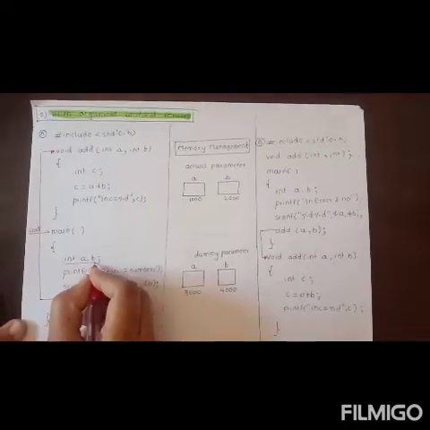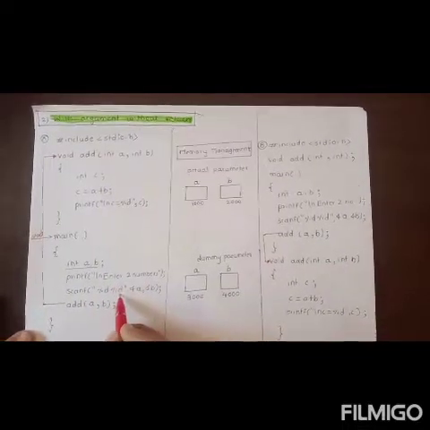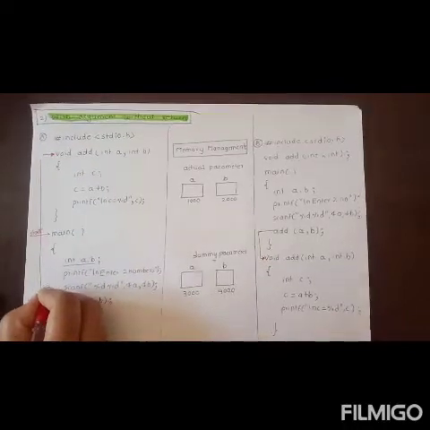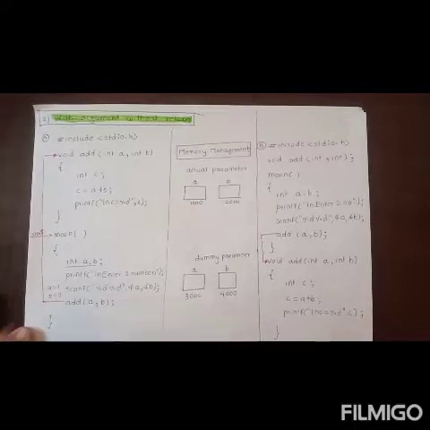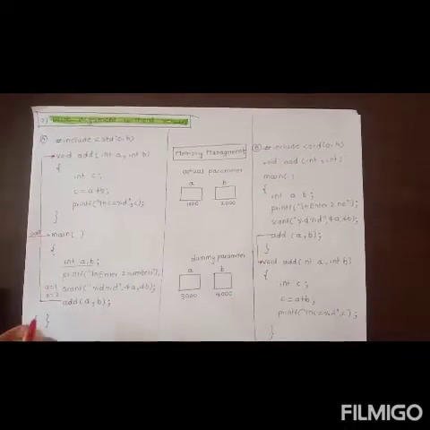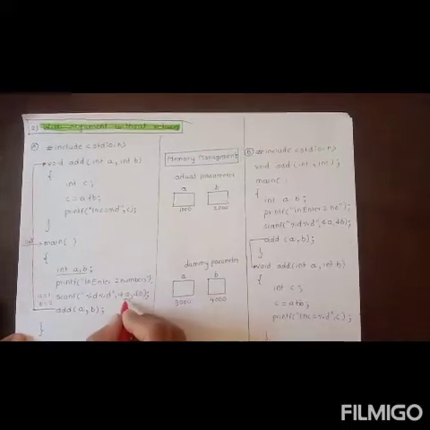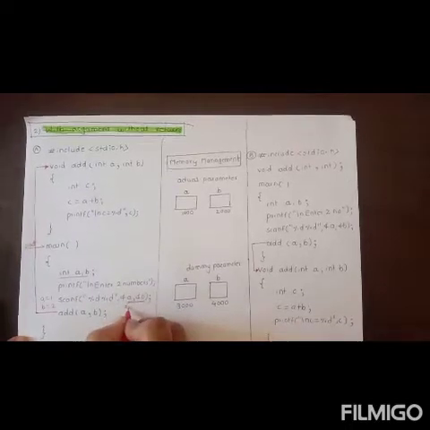We declare two variables, int a and b. We accept those two values a and b. Suppose a is equal to 1, b is equal to 2. Okay. Now this a and b are called actual parameters.